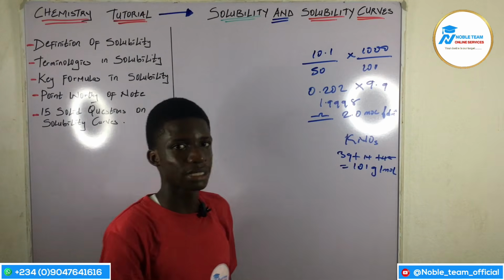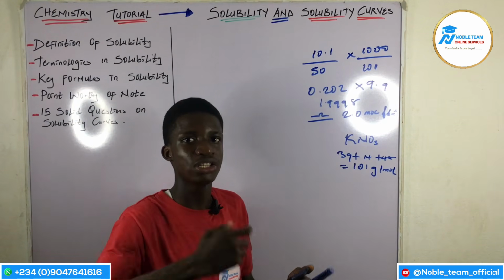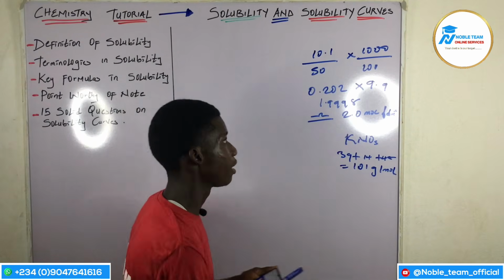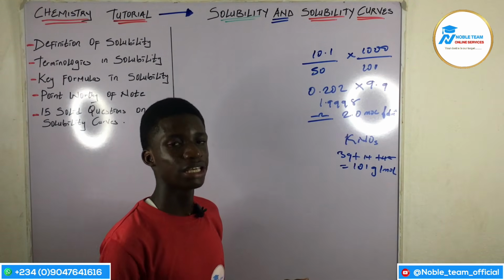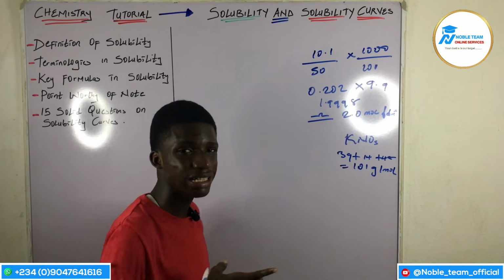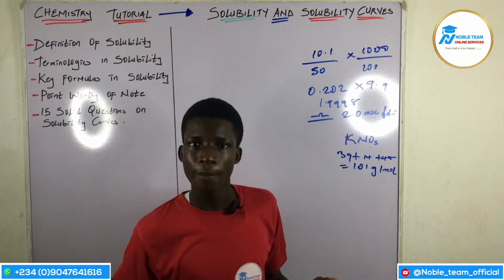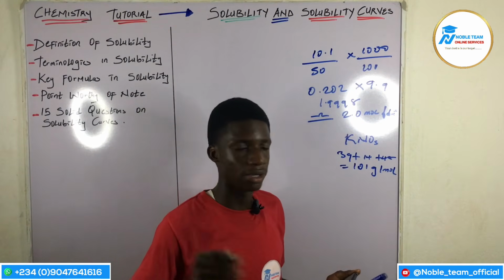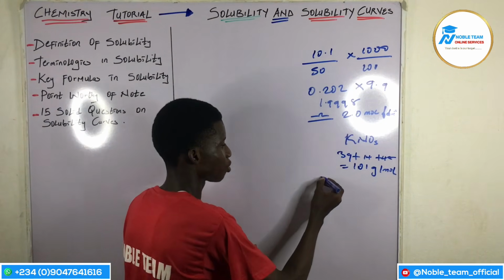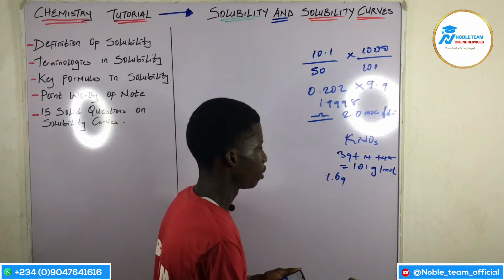Now you will notice something, that we have been solving questions on this. Do you notice one important thing here? In solubility, it is rounded up to 2 decimal places, and the last number at the back is always 0. Imagine I have 1.69.